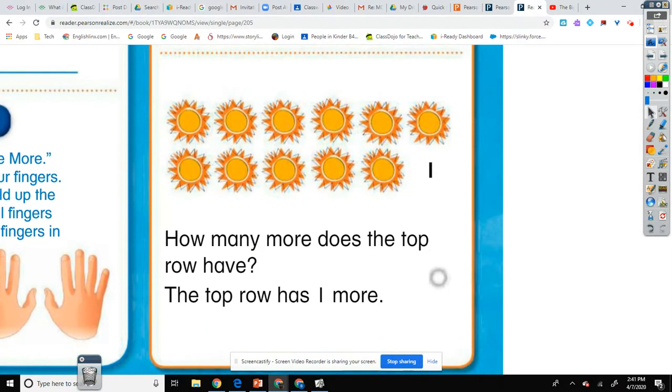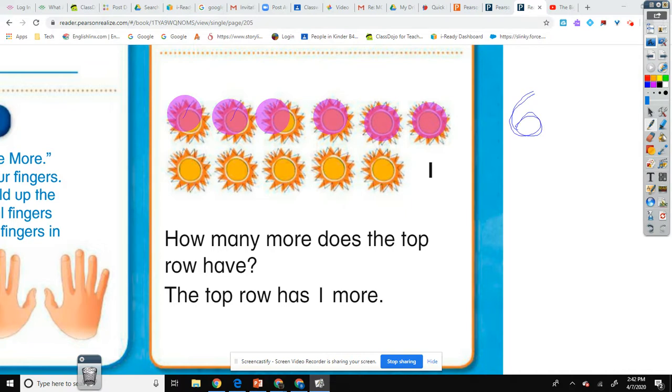All right, let's go look at here. Let's count them, 1, 2, 3, 4, 5, 6. So the first row has 6. How about the second row?